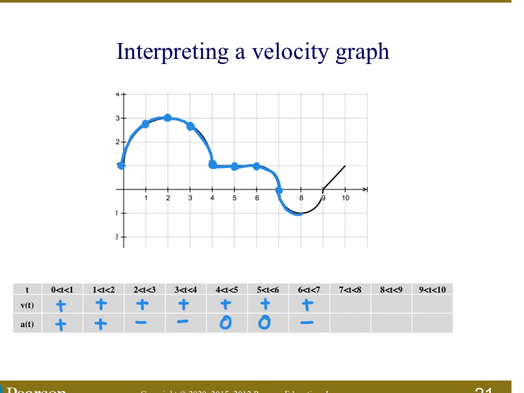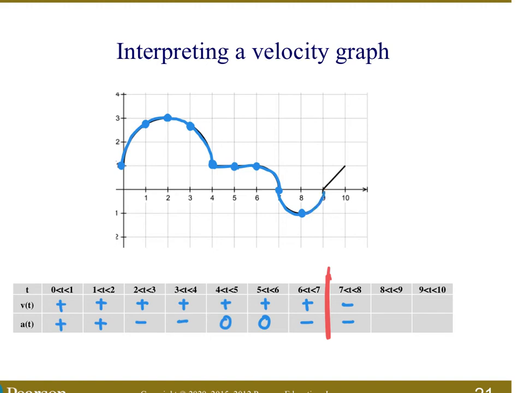From 7 to 8, I have now crossed below the x-axis. So I am going to put a red line right there because that is the most important point of this graph, where it crossed from above the x-axis to below. It continues to have negative slope.